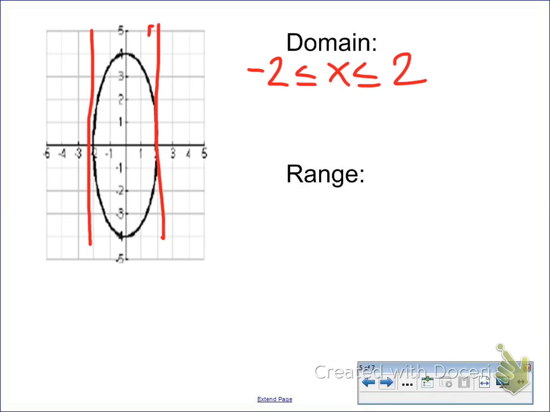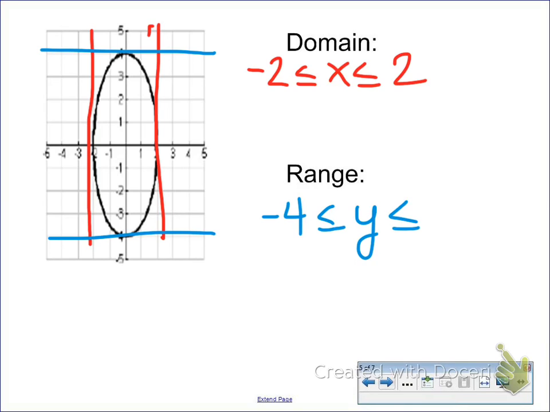For the lowest y value, it should be negative 4 and the highest y value is 4. The reason that I'm using equals bars underneath for the range here is because I can equal those values. Now, in interval notation for both the domain and the range, we're going to use our closed, or square, brackets, because those show that we can equal those two points.